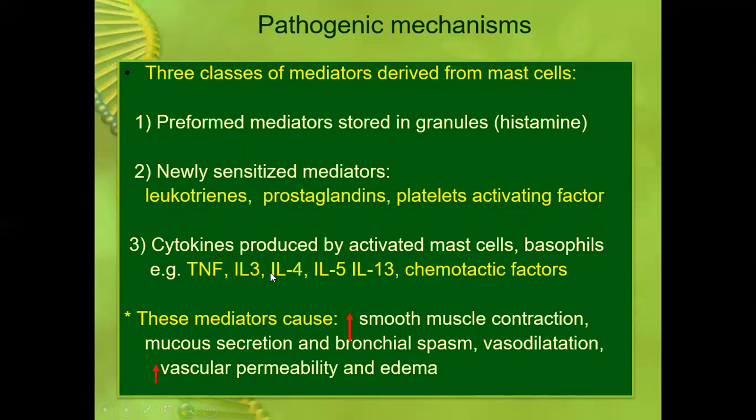These are the cytokines produced by the activated mast cells and basophils. And these mediators cause increase in smooth muscle contraction, mucus secretion, bronchial spasm, vasodilation, increase in vascular permeability, and edema.